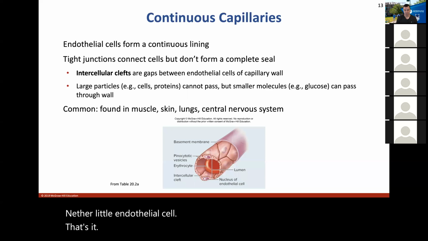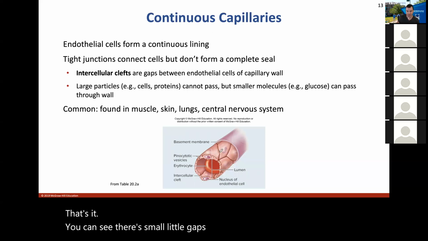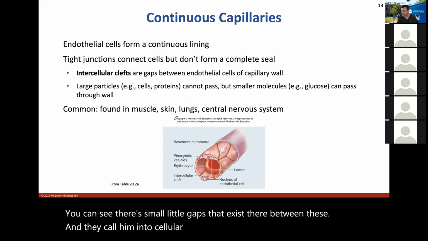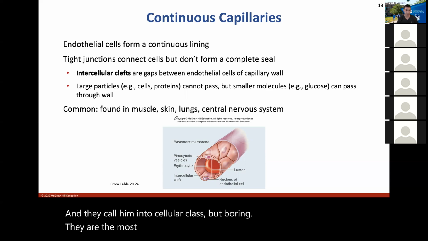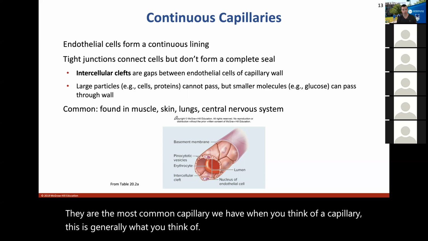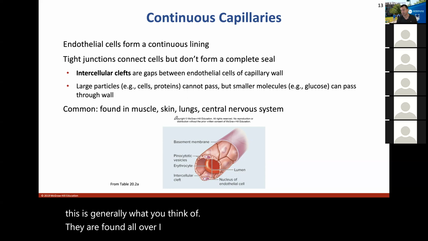You can see there are small gaps between these, and they call them intercellular clefts, but boring. They're the most common capillary we have. When you think of a capillary, this is generally what you think of. They're found all over. They're the most common.